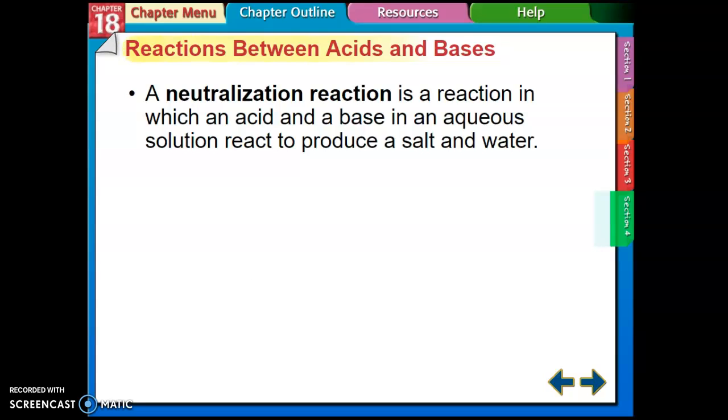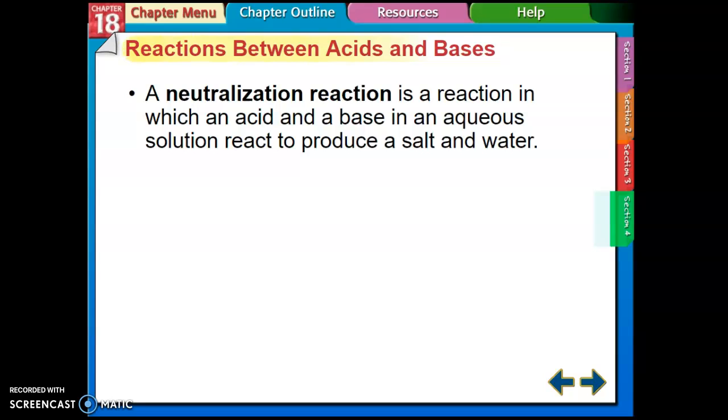Now, let's talk a little bit about neutralization reactions. When acids and bases react, we call the reactions neutralization reactions. In a neutralization reaction, the products are always salt and water. Now, when I say salt, I don't mean NaCl, sodium chloride, the salt we typically put on our French fries.